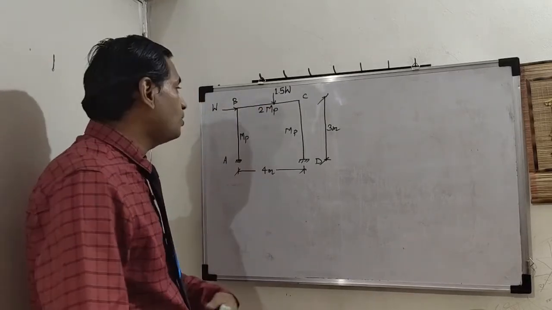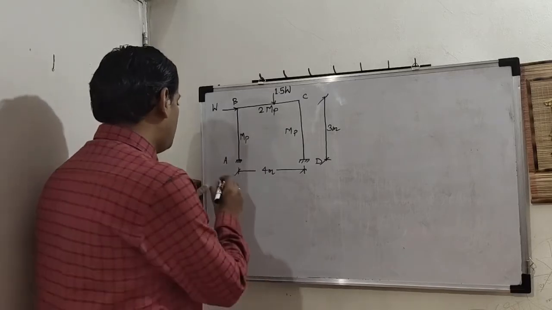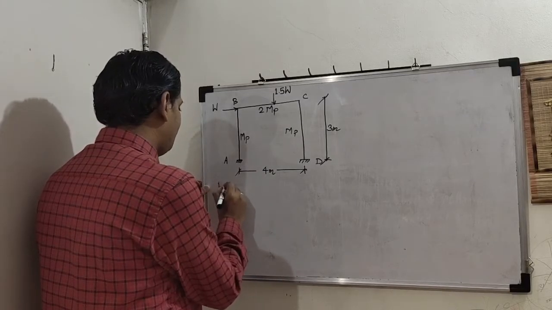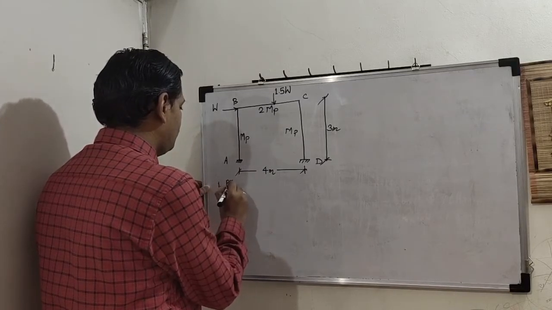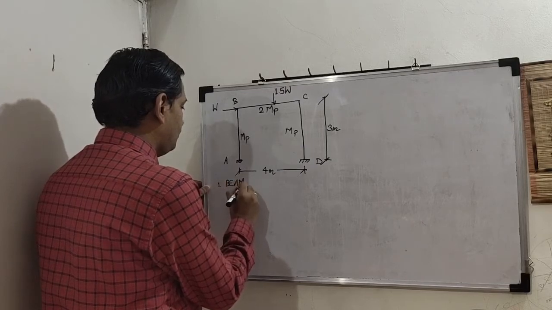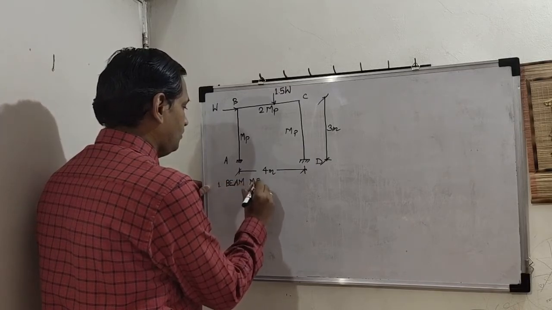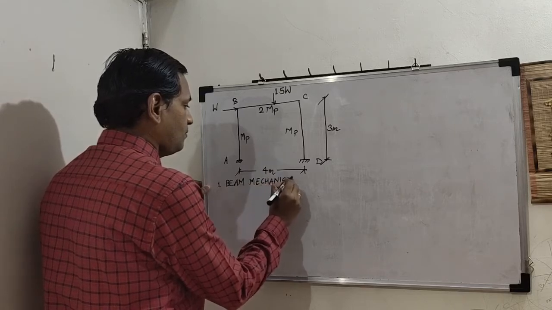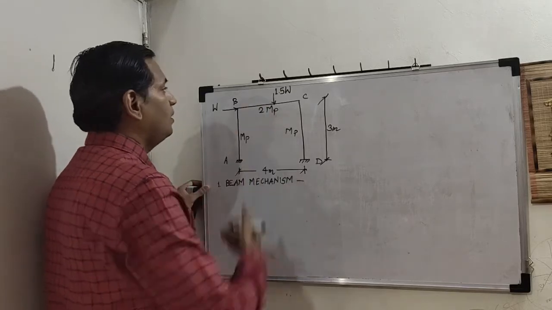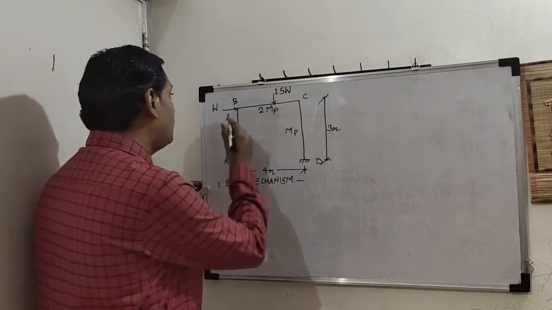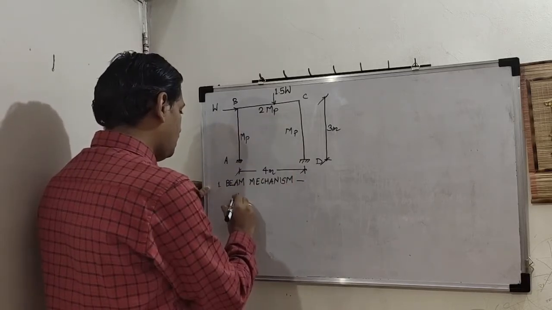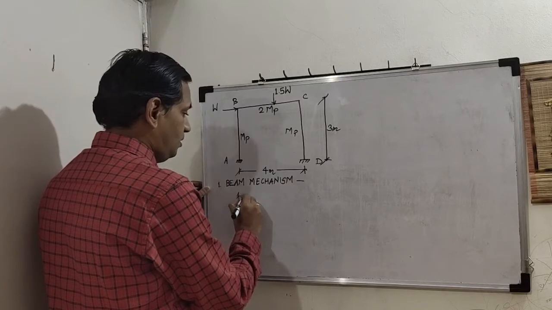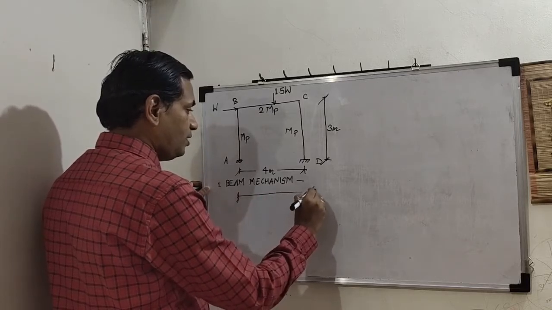Okay, so let us solve, starting with our first step of beam mechanism. Beam mechanism for beam BC first. Again, B and C are internal joints, so they are assumed as fixed.